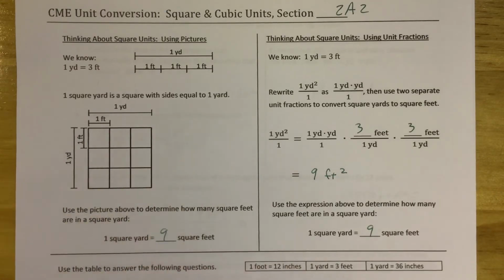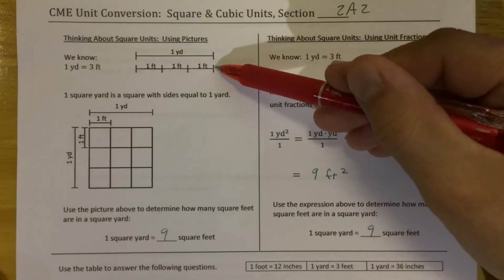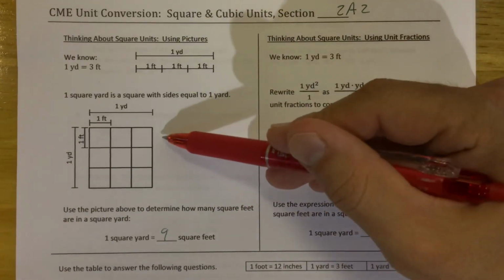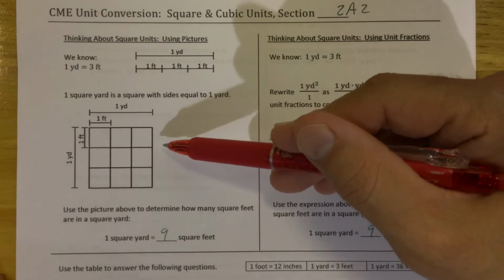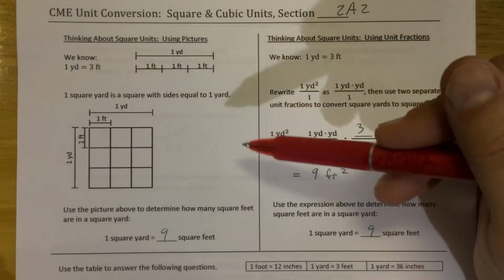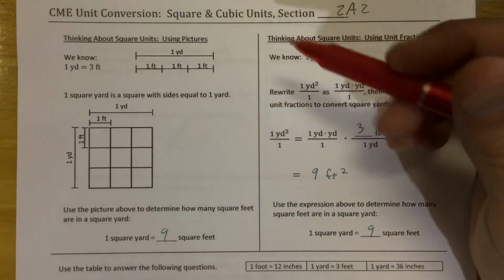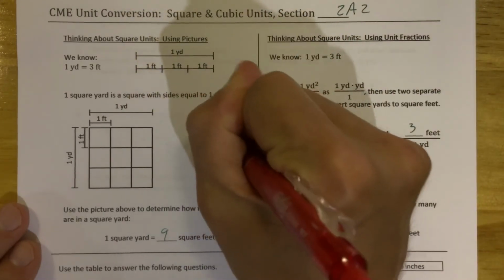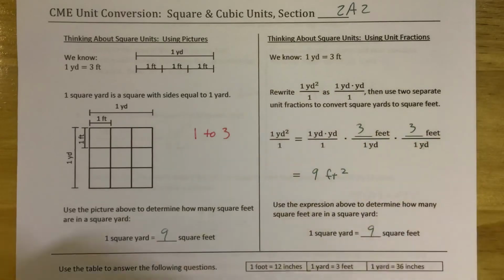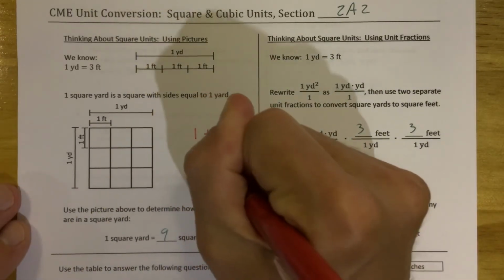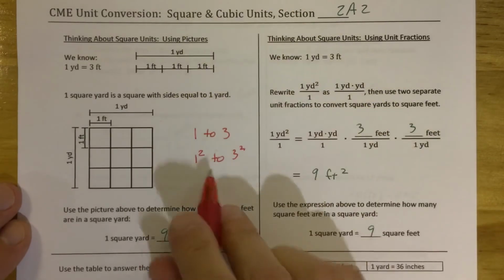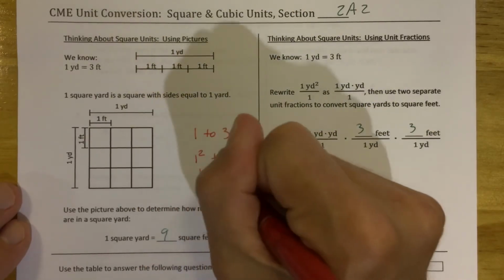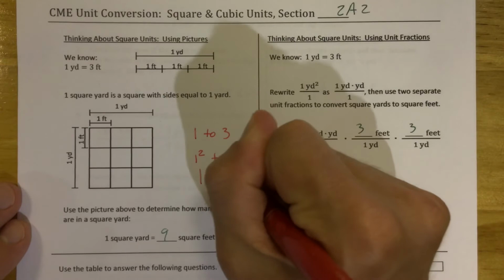When it's a straight line measurement, it's 1 to 3. We know that. But when we start talking about area, it's actually going to be a larger number. Here's what it really is. If the conversion factor is 1 to 3 in what we call one dimension, or straight line measurements, in area it's going to be 1 squared to 3 squared. Of course, 1 squared is 1, and 3 squared is 9.